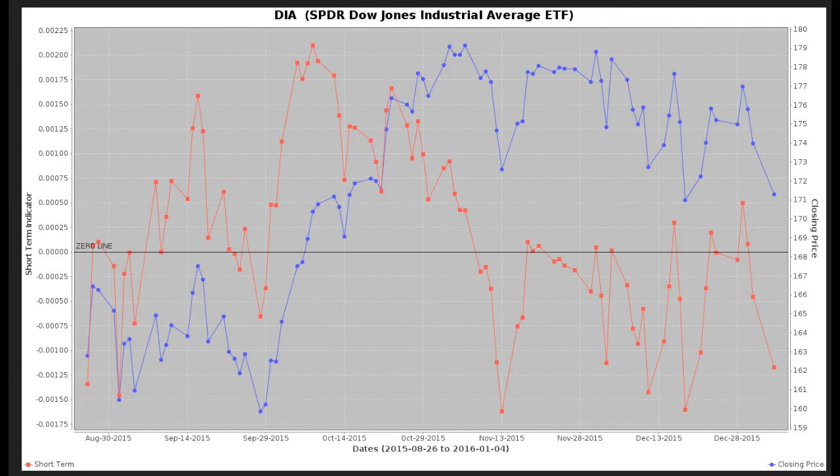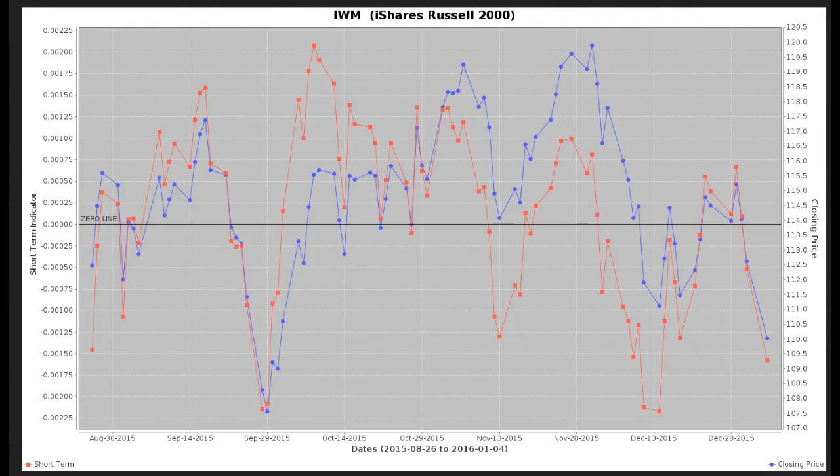Let me also go over the ETF for the Russell 2000, which is the IWM. And you can see here, right now on the short-term chart, we are also down in the oversold level. We turned September 29th from about this level here.